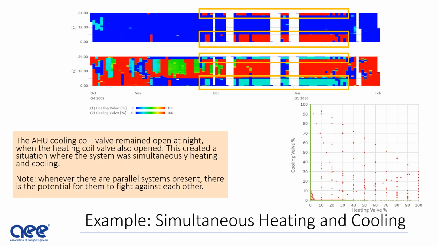And the thing about whenever you have parallel systems affecting a certain control variable, for example, you want a certain supply air temperature coming out of the unit, and you have multiple control components included in that sequence, in this case a heating coil and a cooling coil, is that they operate in parallel, and there's a potential that they can work against each other.